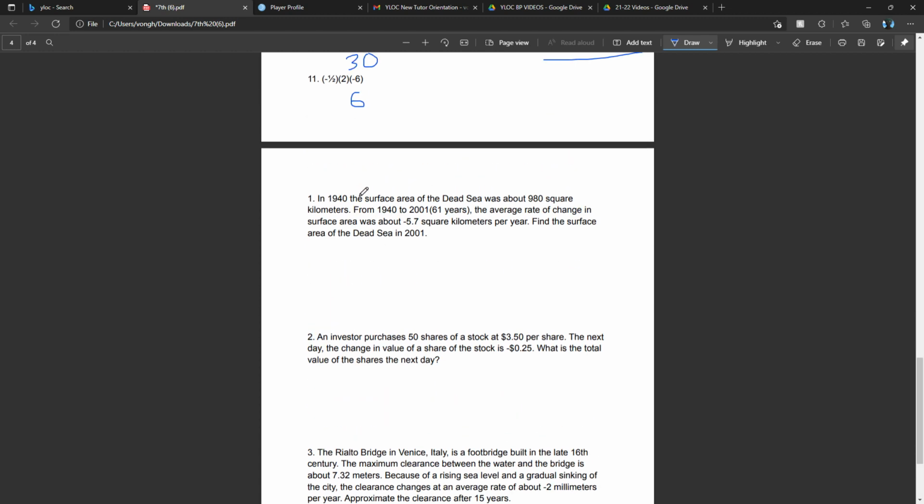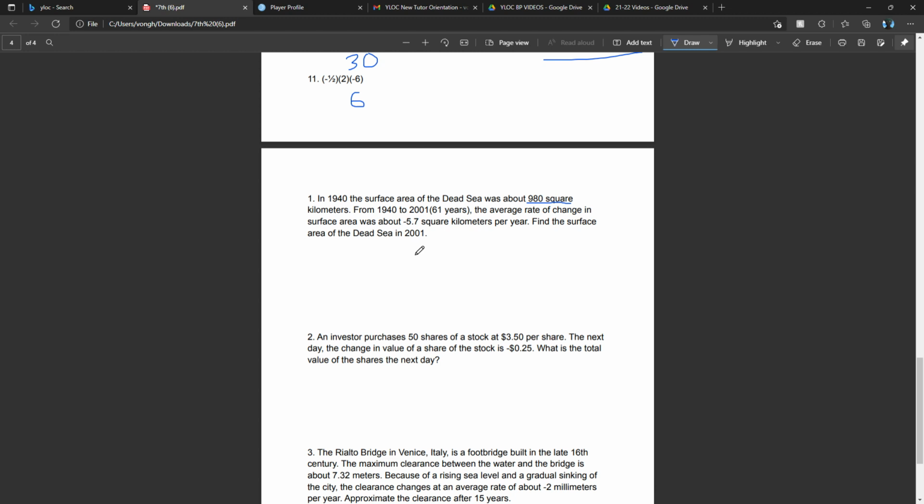Okay, so in 1940, the surface area of the Dead Sea was about 980 square kilometers. From 1940 to 2001, the average rate of change in surface area was -5.7 square kilometers per year. Find the surface area of the Dead Sea in 2001.